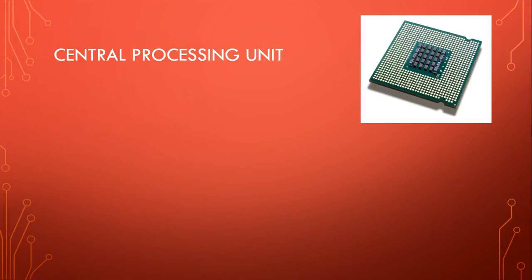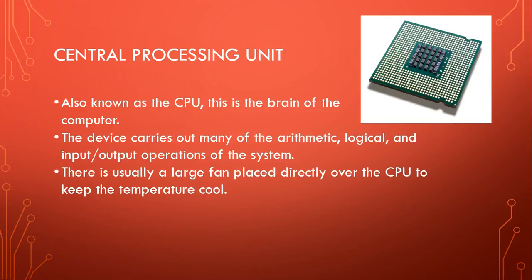All right, next is the central processing unit, or the CPU, and it's that little chip that you see in the corner there. As I mentioned, it's also known as the CPU. This is truly the brain of a computer. This is where your computer carries out many of the arithmetic, logical, and input operations of the system.